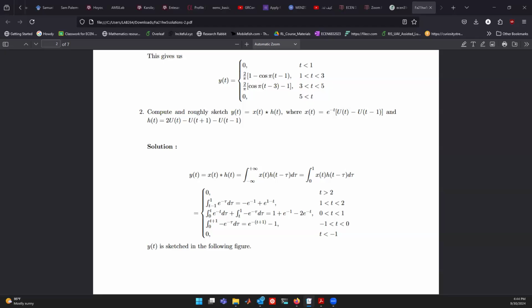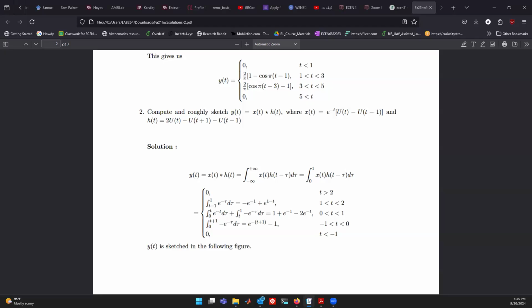The exponential at 0 would be 1 and will start decaying, something like this, approximately.